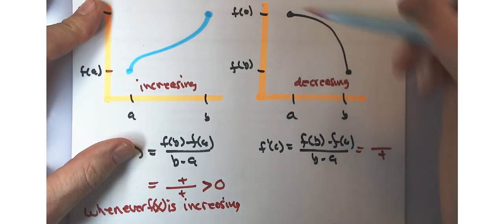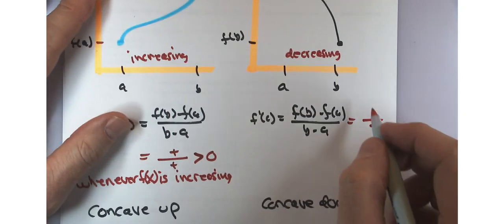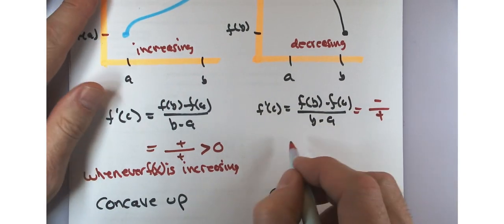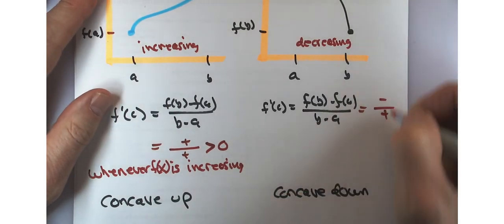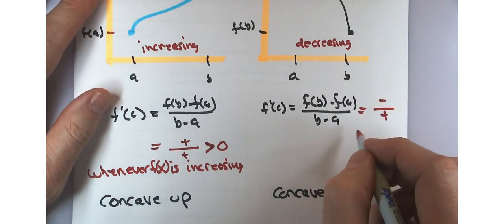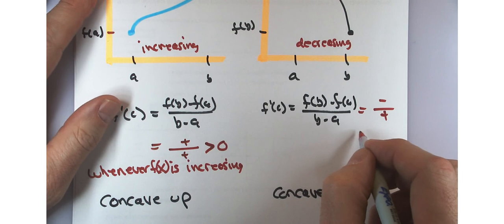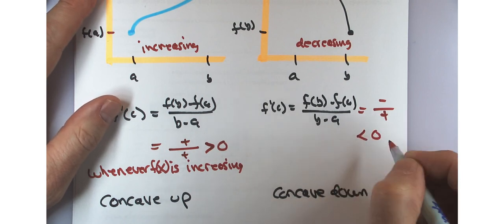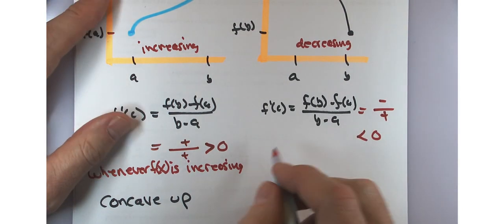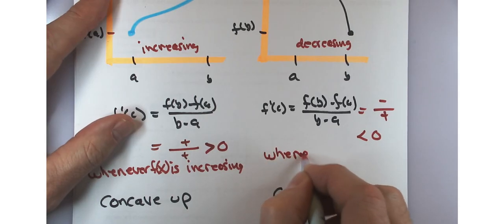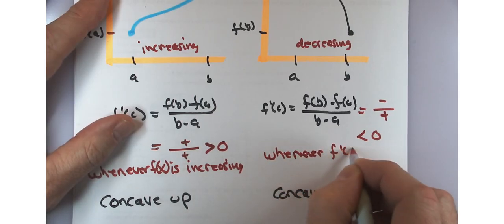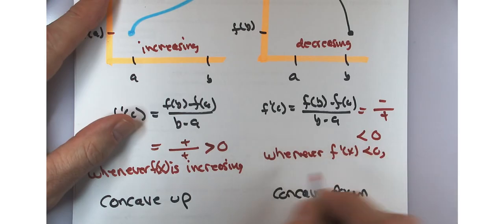What's going to happen when I subtract those? Yeah, you're going to get a negative. Now, a negative divided by a positive is still going to be negative. So that's going to equal something less than 0. So in other words, whenever f prime of x is less than 0, the function is decreasing.